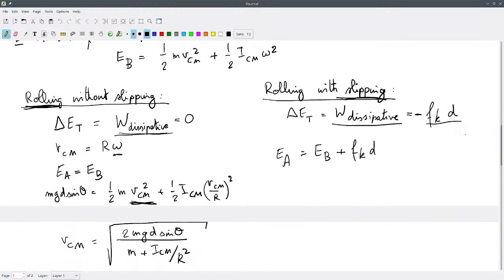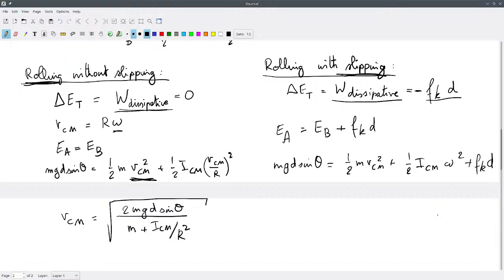If we now plug in our values for EA, we have mgd sine theta is equal to EB, which is 1/2 m v center of mass squared plus 1/2 I_CM omega squared plus Fk times the distance.